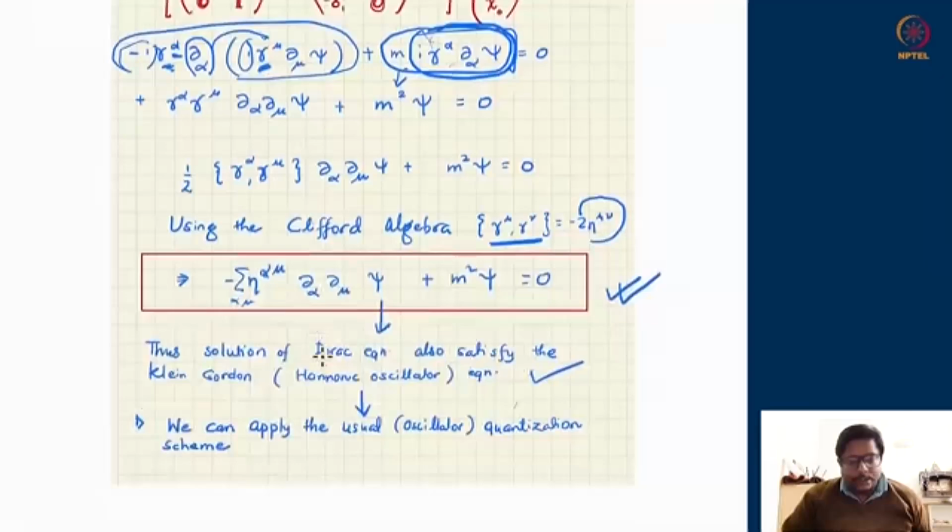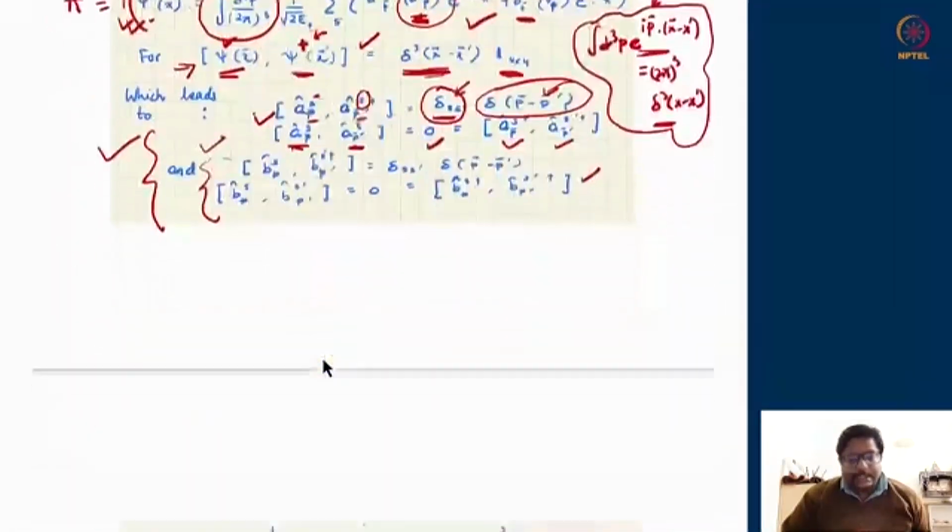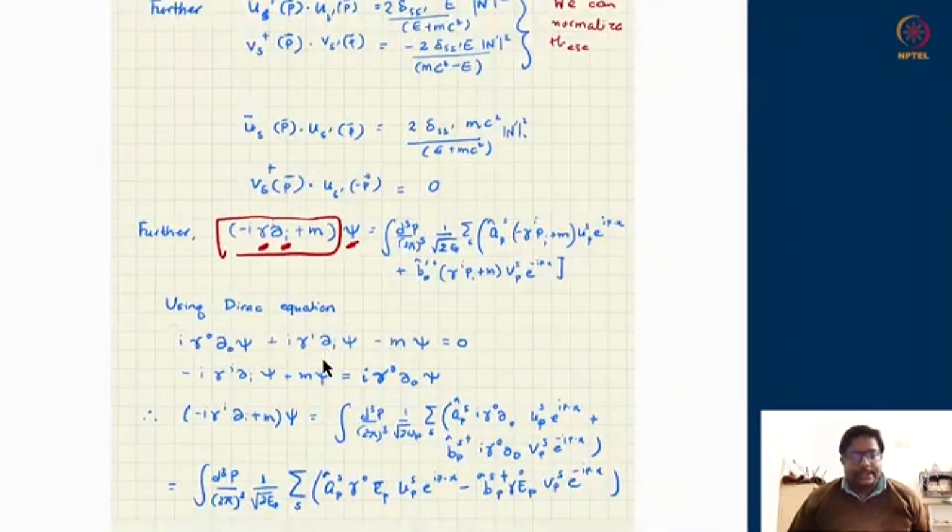I should be taking this operator, hitting it on the psi, and trying to see what I get. So when I take this and hit on the psi, there is a gamma part, which is a matrix, and the derivative part, which acts on space-time. Space only, this is not time, these are spatial derivatives. So the spatial derivatives act only on the e to the power ipx part, and the matrix part is only in the u's.